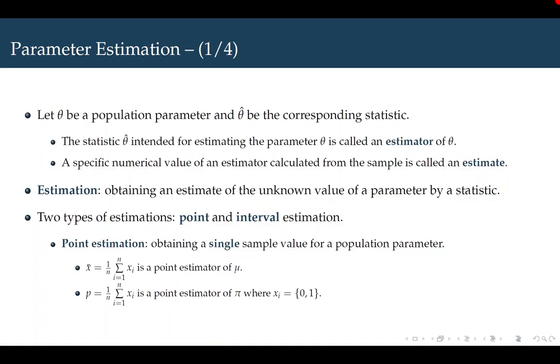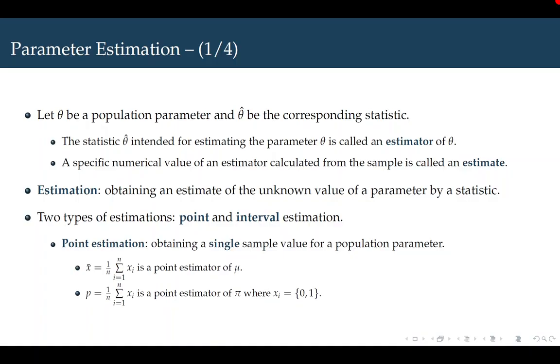And a specific numerical value obtained from the estimator is said to be an estimate. So estimation is, in general, obtaining an estimate of the unknown value of a parameter by a statistic. We need to estimate the value of the population parameter using a certain sample statistic.